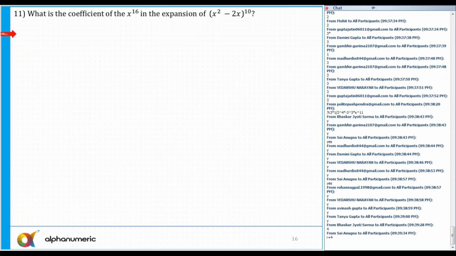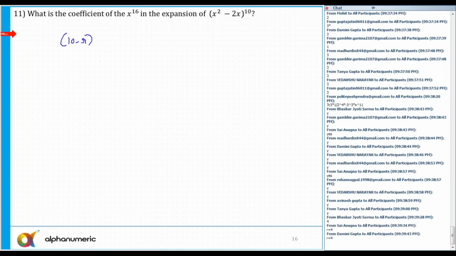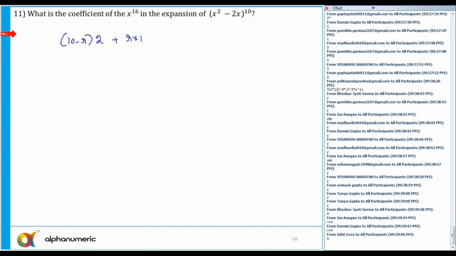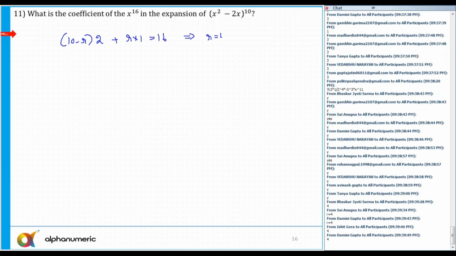R equal to 4, perfect. So I can say here 10 minus R into 2 plus R into 1, which is equal to 16. So what is the value of R? That is 4. Okay. So I need to find out T5.